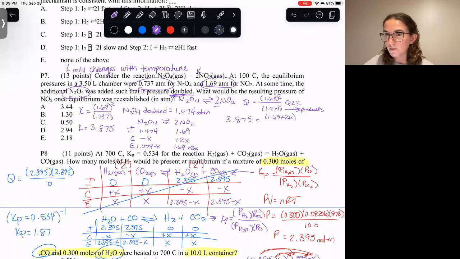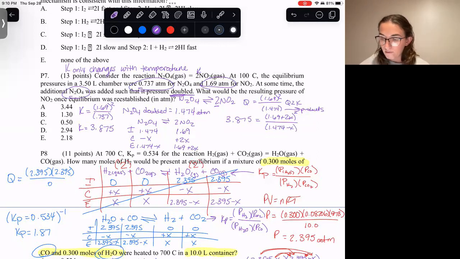What do we have to do to this 1.69 plus 2x? Yep, we have to square it. And that'll be all over 1.474 minus x.